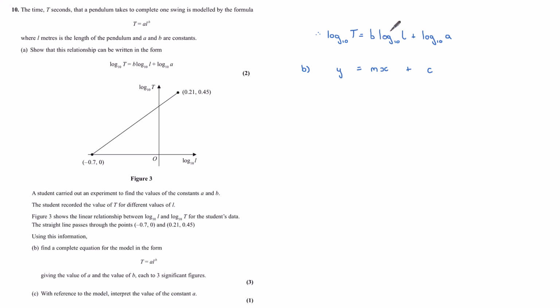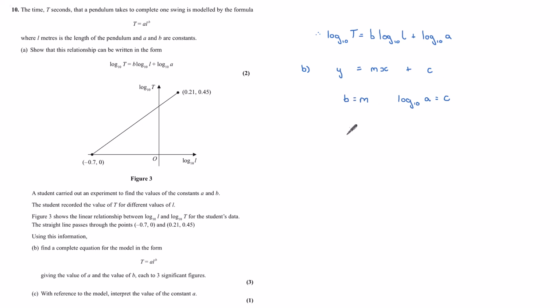And so, as I've said, x value is our log base 10 L, and our y value is log base 10 t, which means from this, to find b, it would help if I can find m on this line, and also to find a, it would help if I can find c. And so given this, I need to find y equals mx plus c for this line.